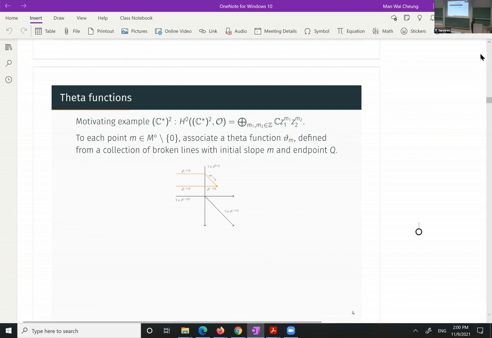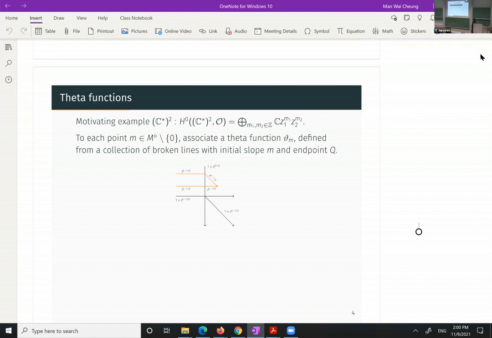Again, there's a really long definition and we illustrate everything by an example. We are going to talk about this later in the talk, but let's just say this is a lattice, and we associate a theta function to it, coming from a collection of broken lines with initial slope coming from this M and endpoint Q. So this is our endpoint here.